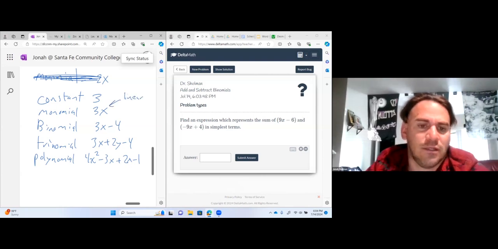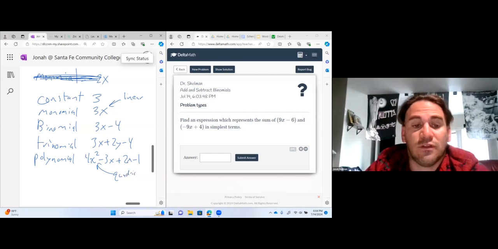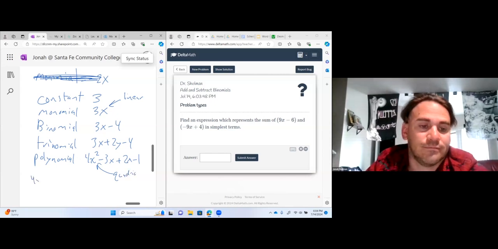This is linear. This is a straight line. This one's quadratic. If it's to the 3rd power, it's cubic. The 4th power, quartic, like a quarter.